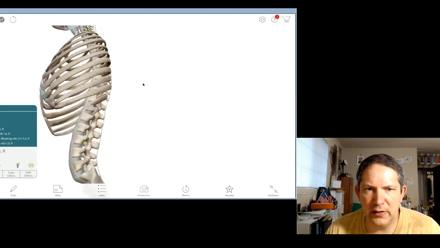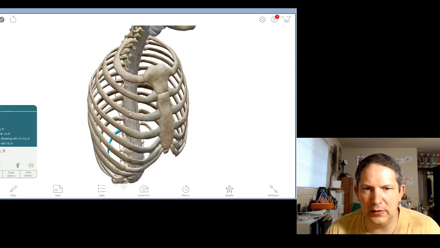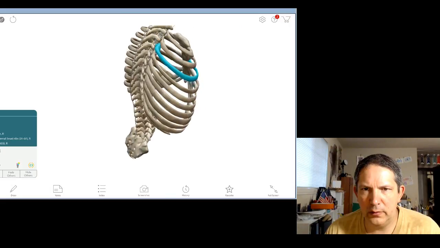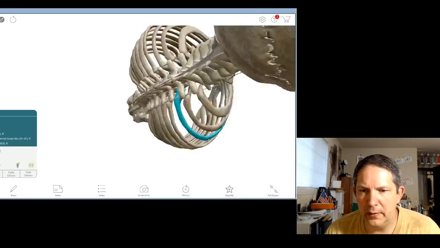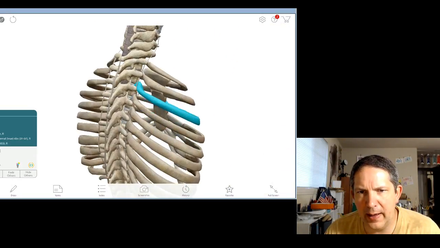The ribs themselves have a head and neck, and there are some landmarks on the rib, but I think we'll skip those, other than how they attach.